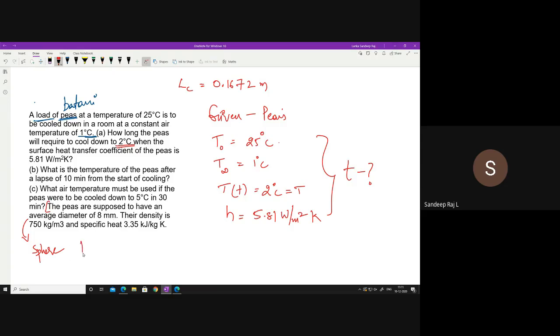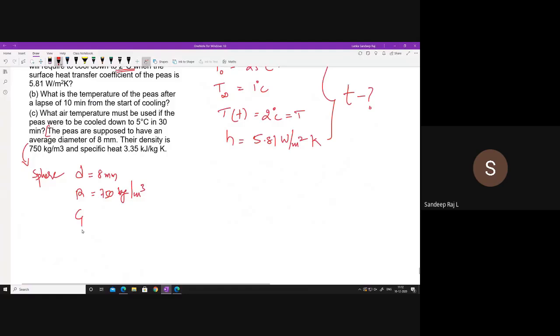So from this, you have the diameter equal to 8 mm, and the density rho equal to 750 kg per meter cube, and the Cp equal to 3.35 into 10 cube joule per kg Kelvin. So that's what is given.